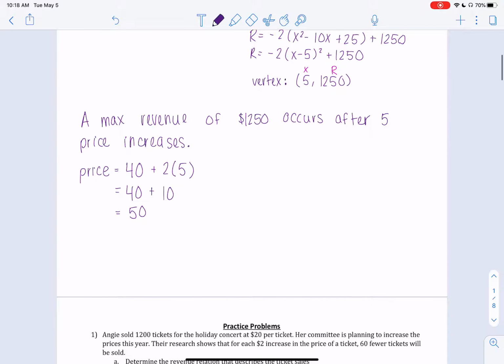So what that tells us is therefore a room price of $50 will maximize the revenue.